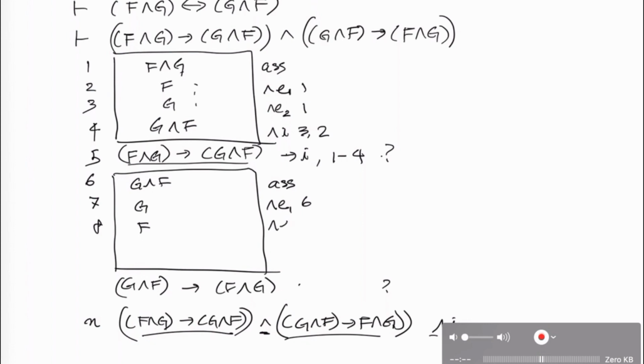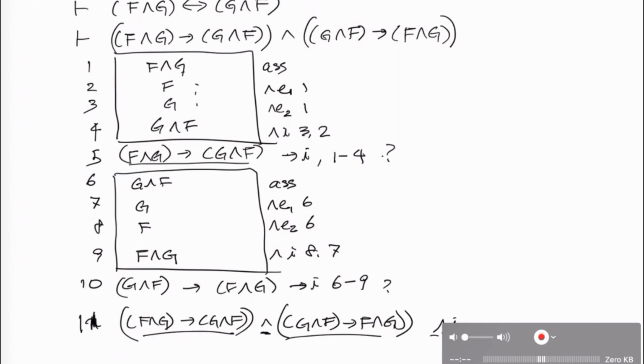This is conjunction elimination for the same line, and then we use and introduction for line 8 and 7, so that gives me F and G. That becomes line 10, implication introduction for box 6 to 9, and then this becomes 11, and now we know what it is. So we filled out this justification before, and and introduction is applied to line 5 and 10.